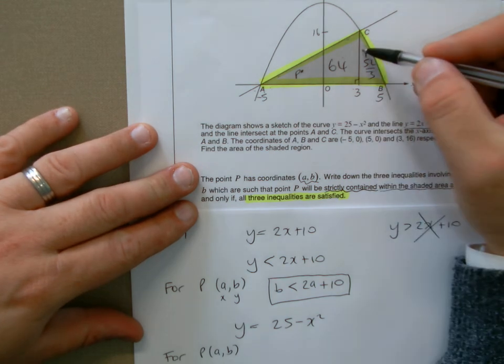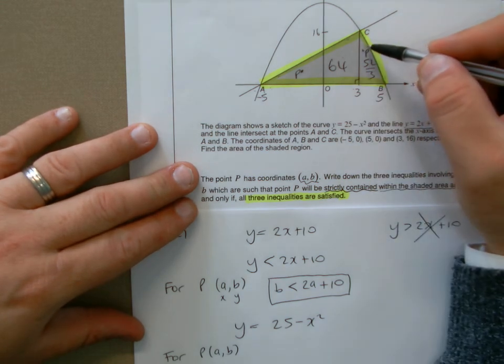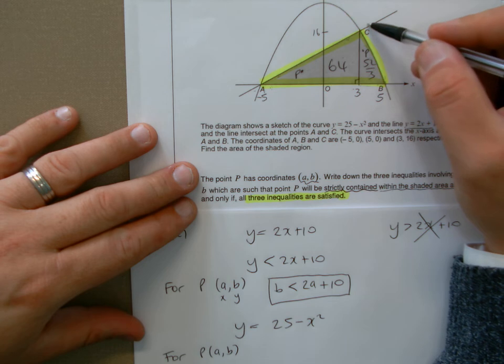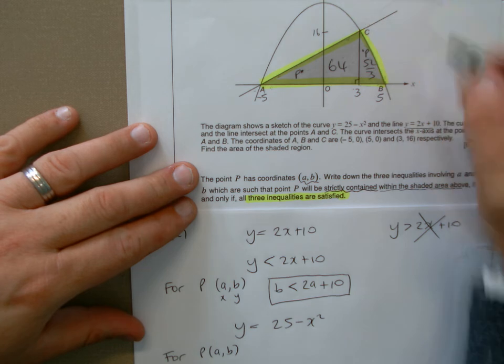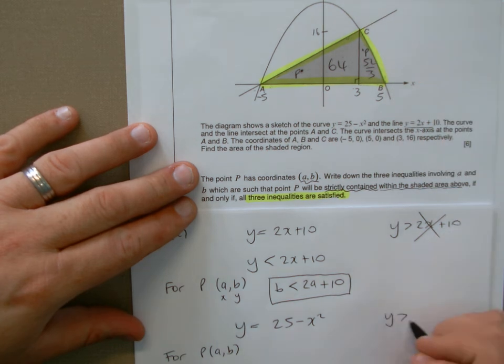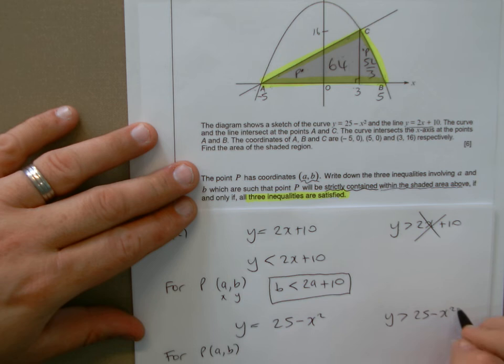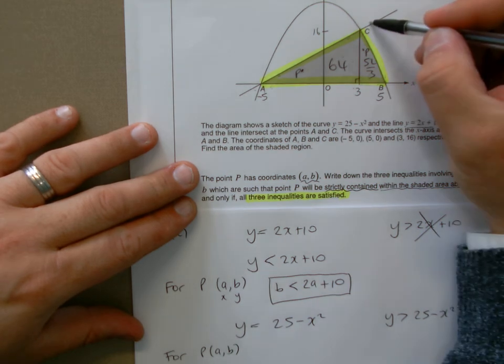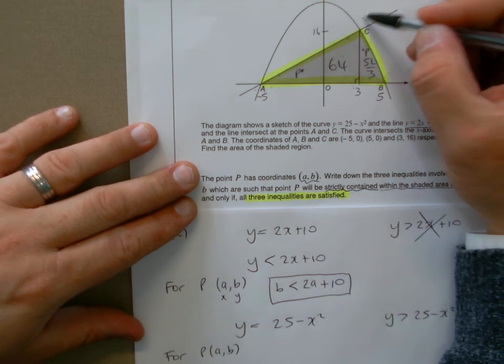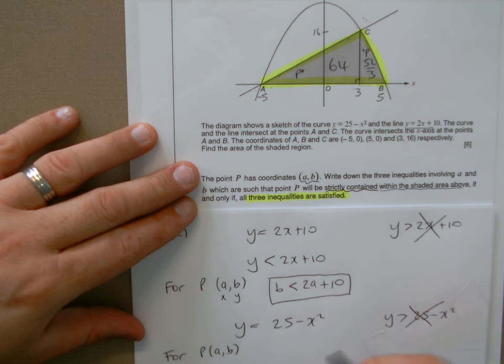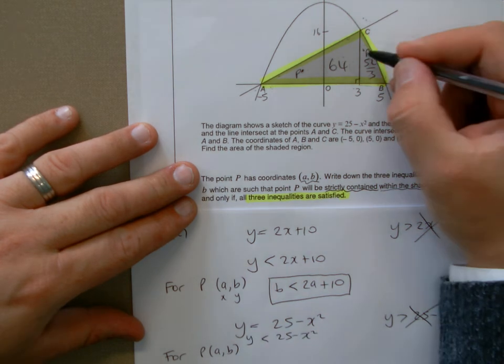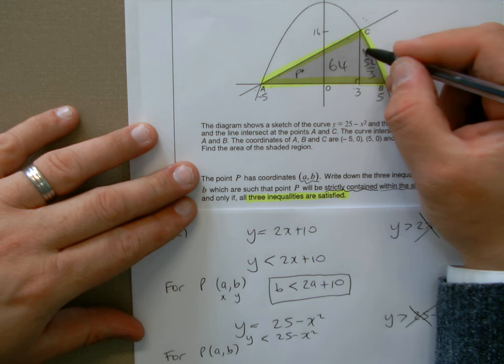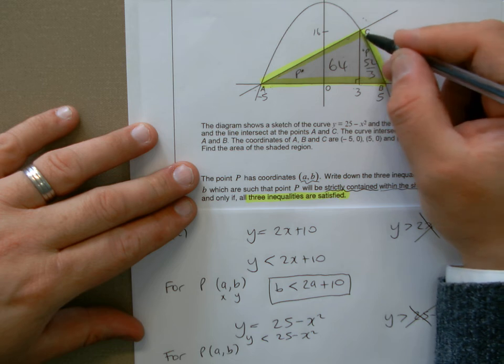In other words, do we want y to be greater than the curve? Well, if y was greater than 25 minus x squared, y would be up here, wouldn't it? So we don't want that. We want it to be less than the curve. We want it to be underneath the curve. So my value of y for P is going to be less than 25 minus x squared.